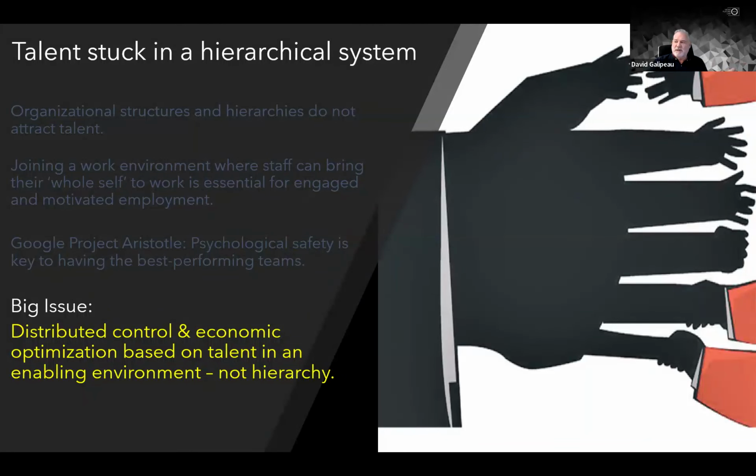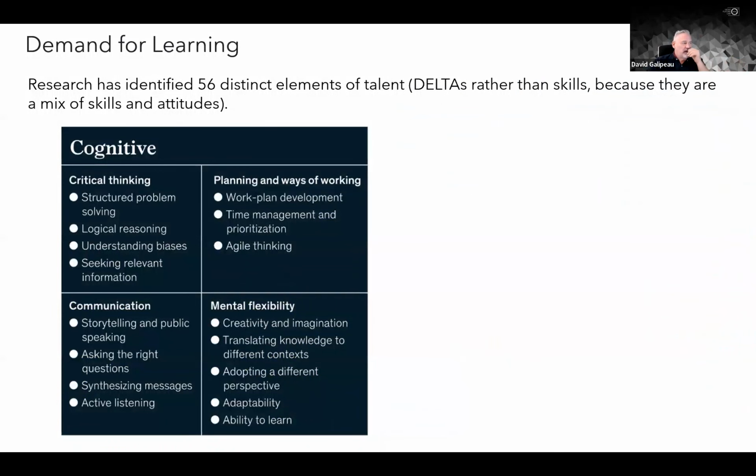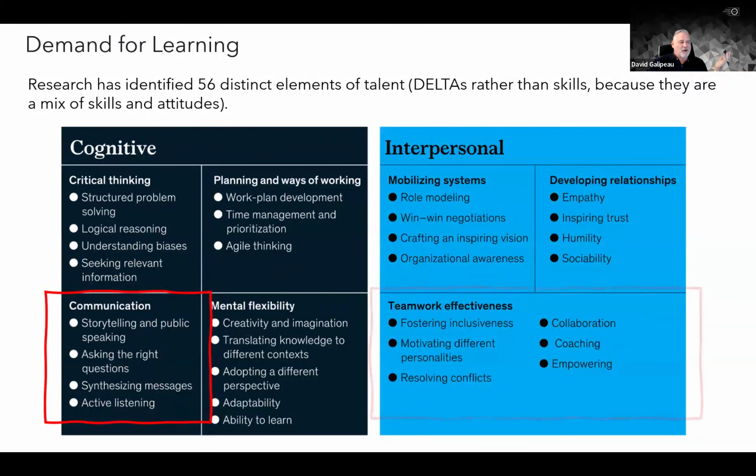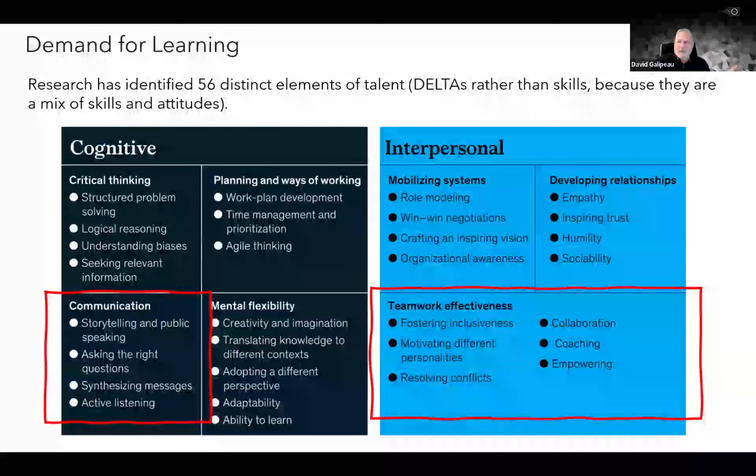So we start to look at the last couple of slides now, basically the areas of learning. And there have been studies: cognitive understanding, critical thinking, which you were not getting in the education models, and how we bring that in; communication, storytelling, public speaking, asking the right questions, messages, active listening; going across to interpersonal skills, fostering inclusiveness, teamwork effectiveness becomes very important.